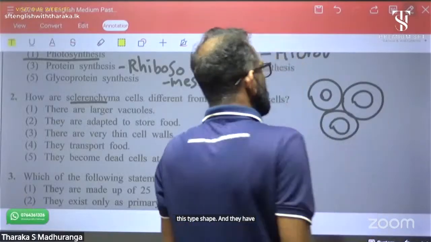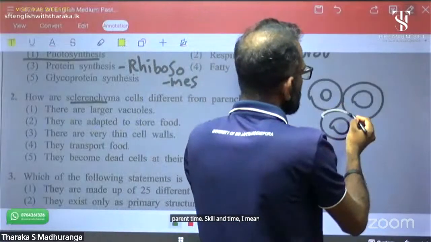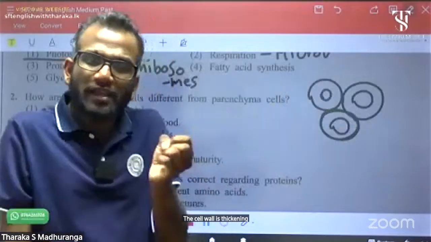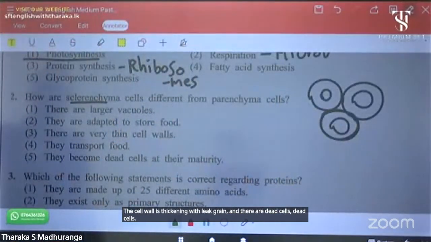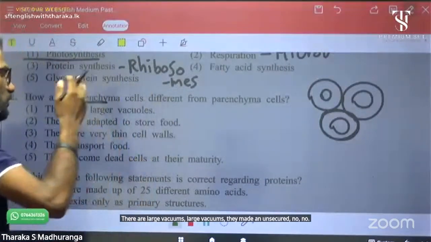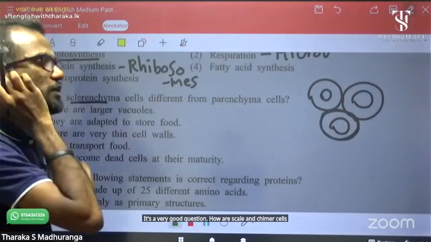Sclerenchyma is already matured, and the cell wall is thickened with lignin, and they are dead cells. It's a very good question. How are sclerenchyma cells different from parenchyma cells?